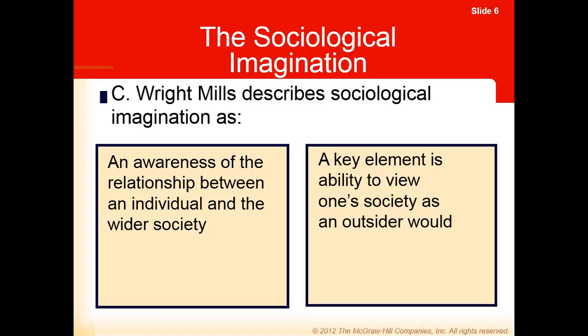I mentioned Peter Berger and the sociological perspective. A key element of the sociological imagination is the sociological perspective, because this is that ability to make the familiar strange, to view one society as an outsider would, so that you're focusing on the behaviors. As an example of that, let me just ask a question here.